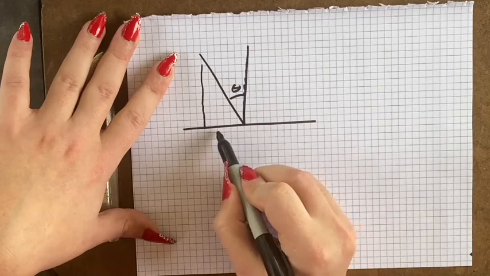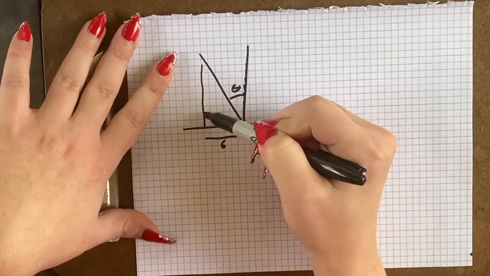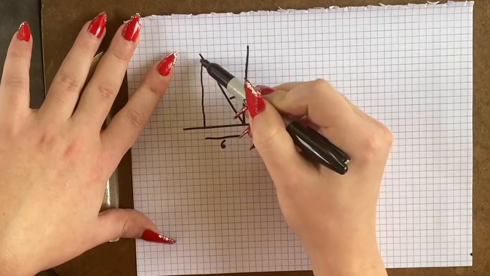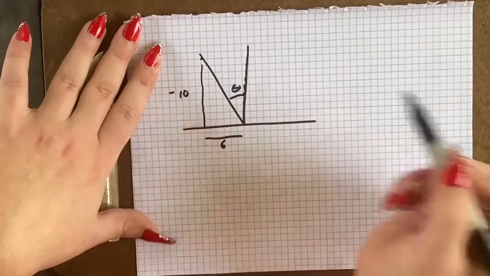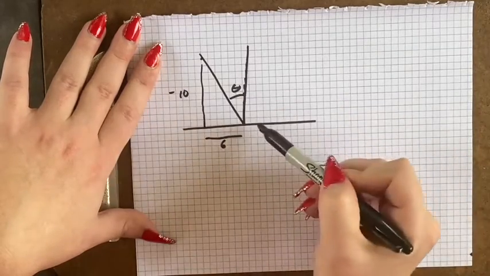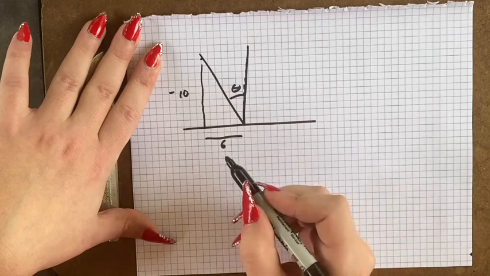I get 1, 2, 3, 4, 5, 6. So here's a run of 6, and 1, 2, 3, 4, 5, 6, 7, 8, 9. Let's round off and say that's 10. The rise of negative 10, right? So that's the slope.